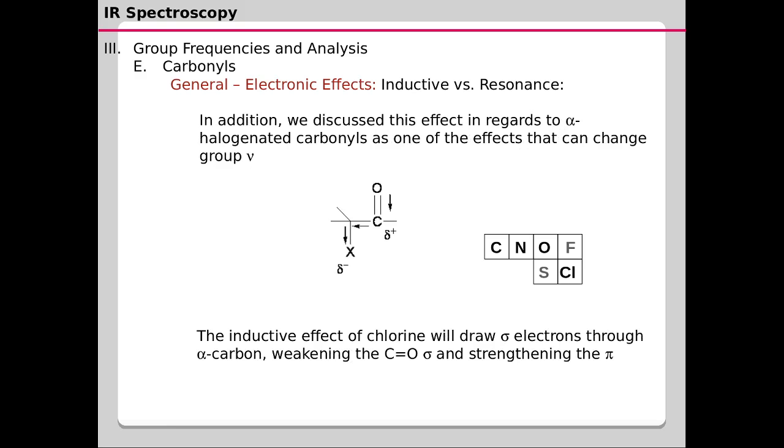Again, if we have an alpha halogen attached to the molecular framework in a carbonyl compound, okay, this alpha halogen, which is being connected to an alpha carbon bound to the carbonyl carbon, then the alpha halogen will be able to withdraw the electron density inductively through the sigma bond, this typical sigma bond and this typical sigma bond.